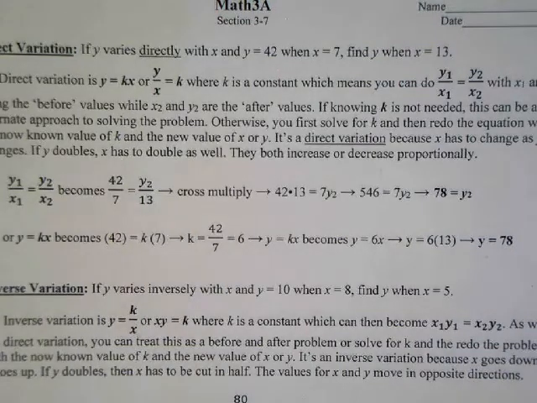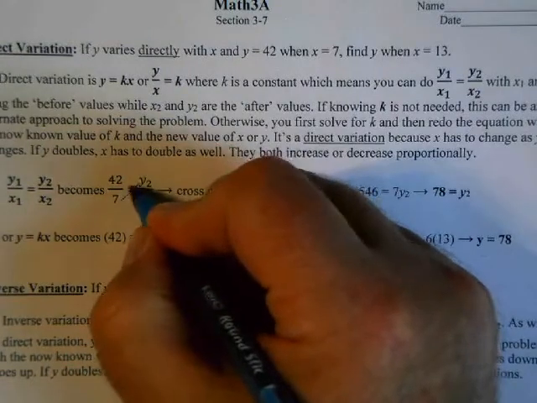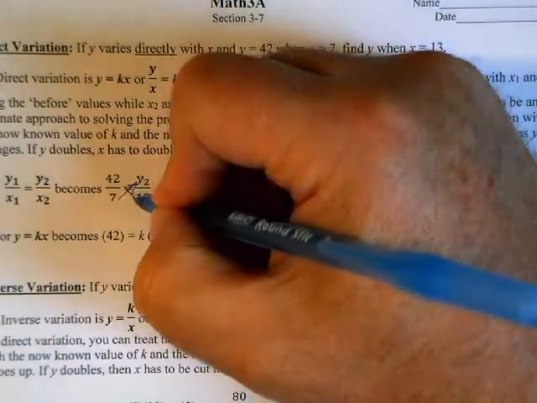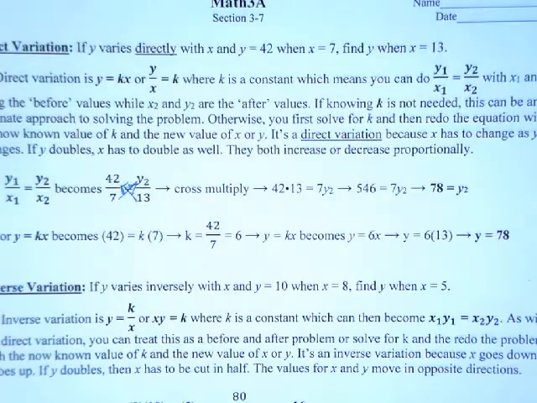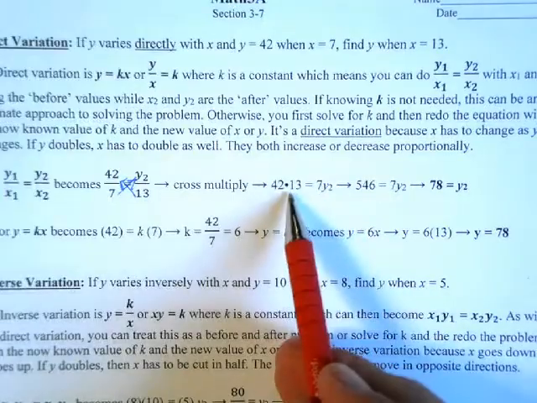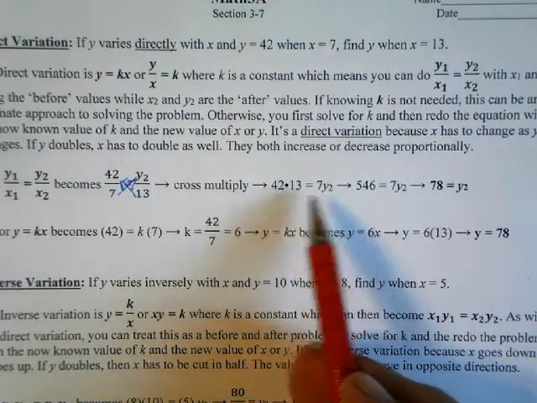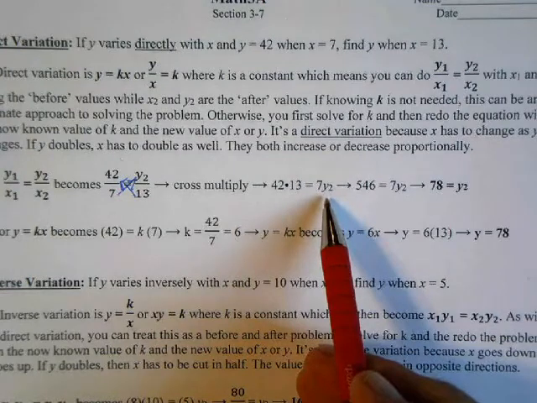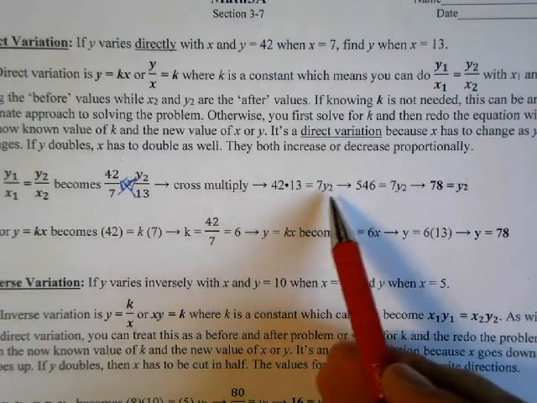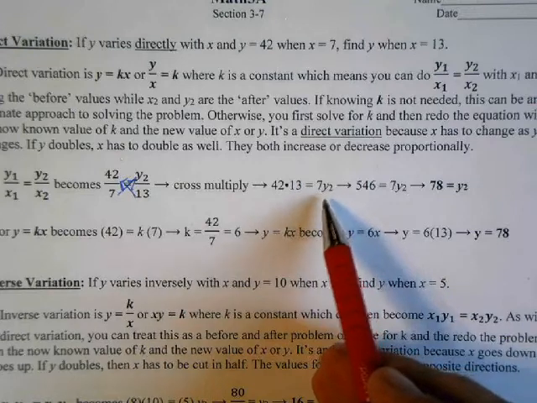I can then cross multiply, which basically means that I multiply these two, and then I multiply those two. So note the 42 times the 13 on the one side, the 7 y2 on the other side. That's not a square, that's just a name, y2 versus y1.